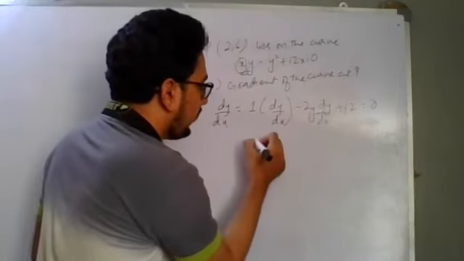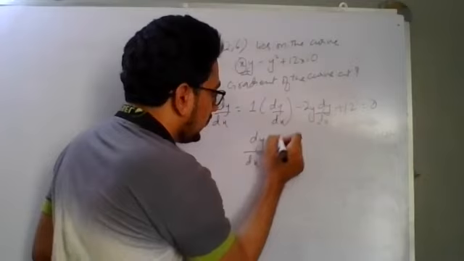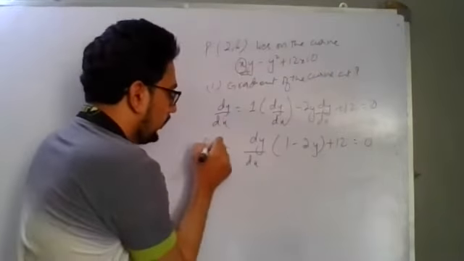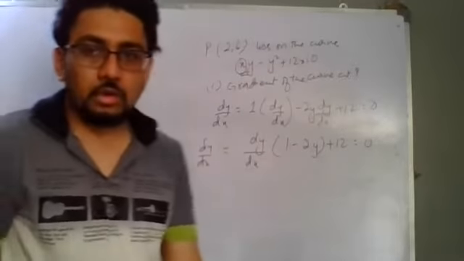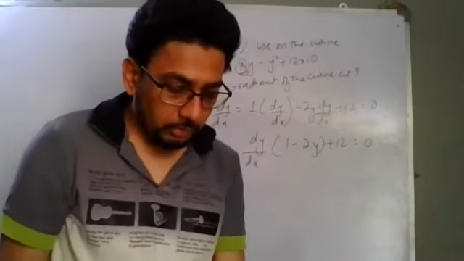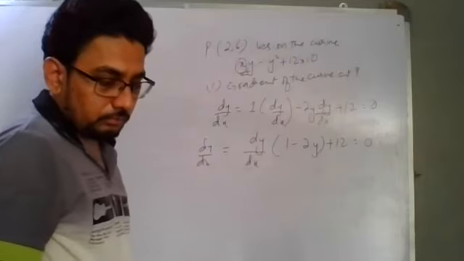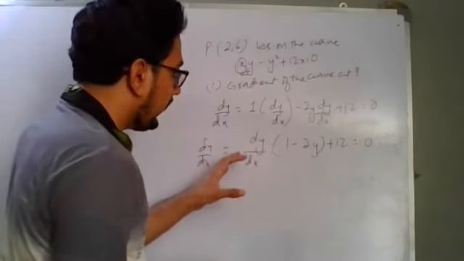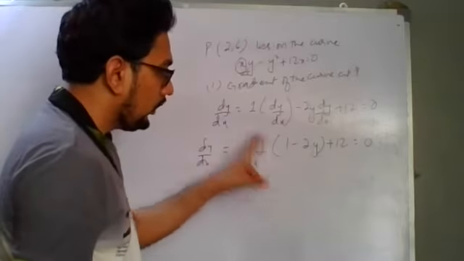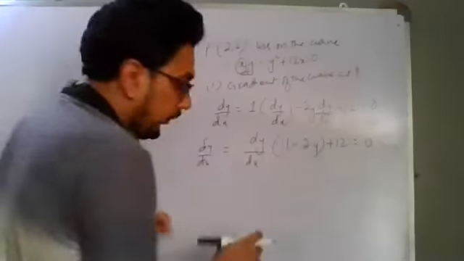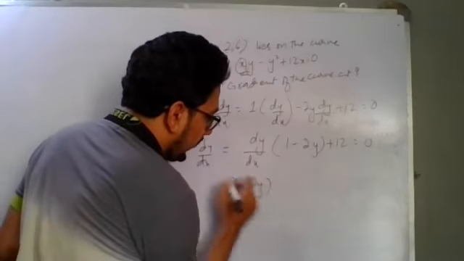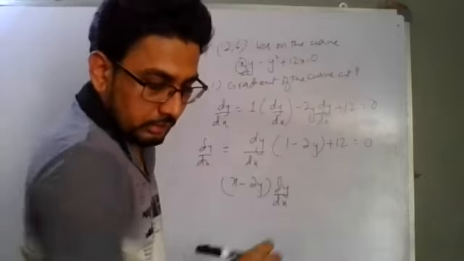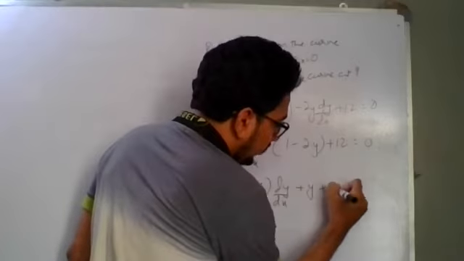So it becomes x minus 2y into dy over dx, plus y plus 12 is equal to 0.